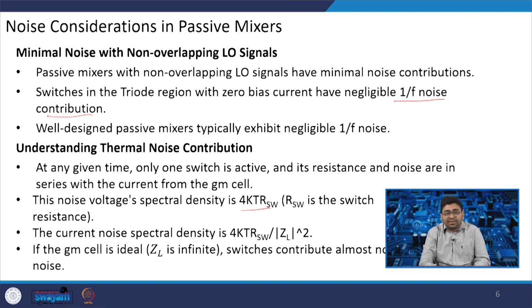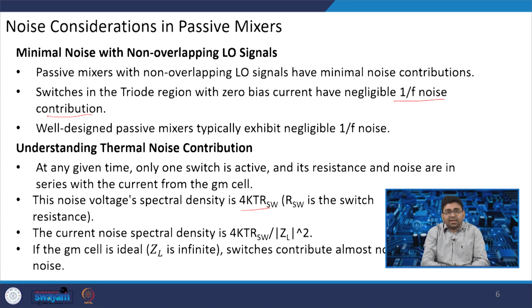So, this is one of the advantages of using a passive mixer, where we can have negligible 1/f noise by keeping the switch in the triode region, and also because of the GM cell, the transconductance amplifier, at the input side.